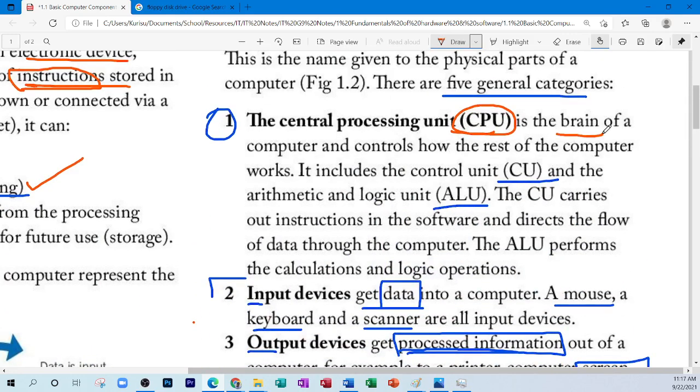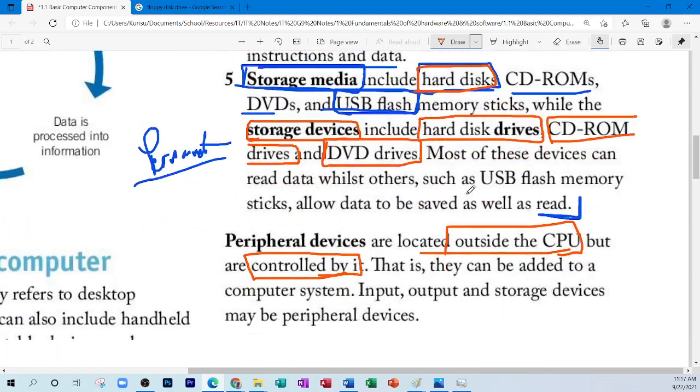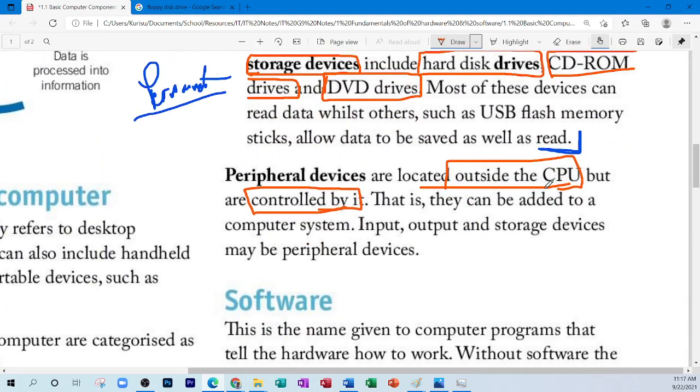We describe it as the brain of the computer. It controls everything. So everything else is like the arms and legs of that computer. So anything that is outside of the CPU is considered a peripheral device. So take note of that.